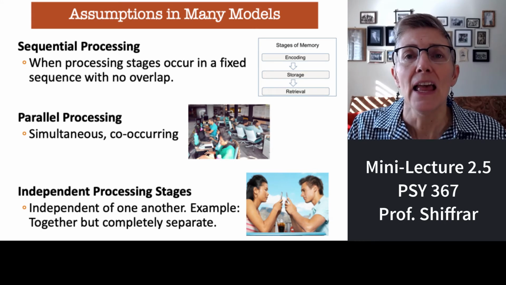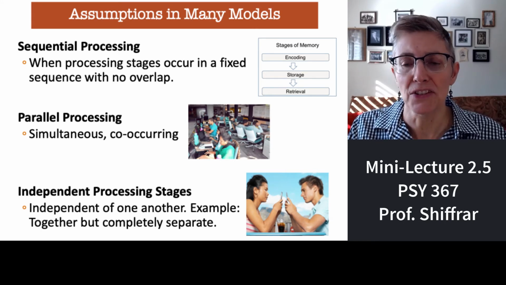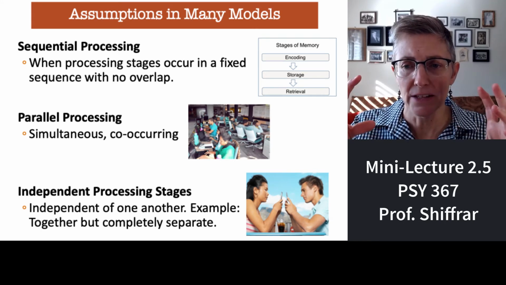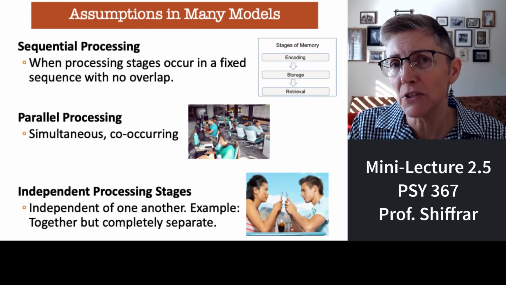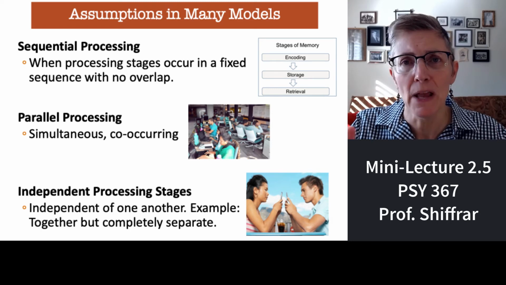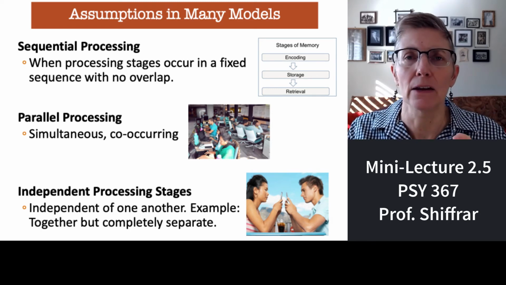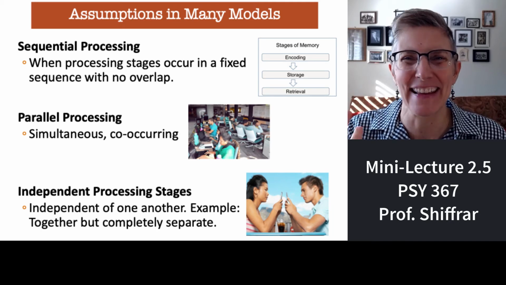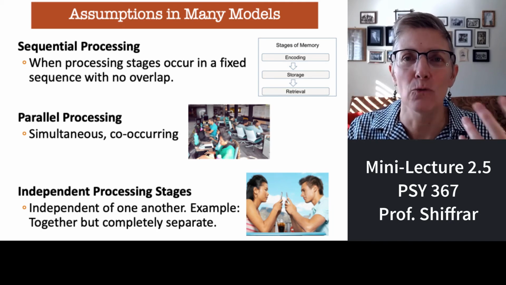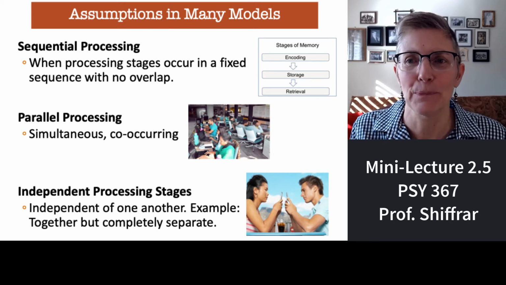Simultaneously. Independent processes are processes that might work at the same time, might be processing things at the same time, but they work independently of one another. What one process does is independent of what the other process does.